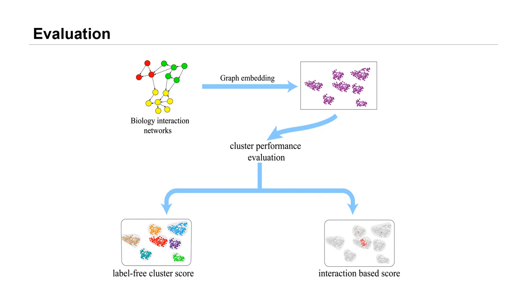Label-free cluster score surveys whether the distance within the cluster of 2 nodes is less than the distance of 2 nodes between clusters. Interaction-based score evaluates whether the node pairs which have interaction are allocated to the same cluster.